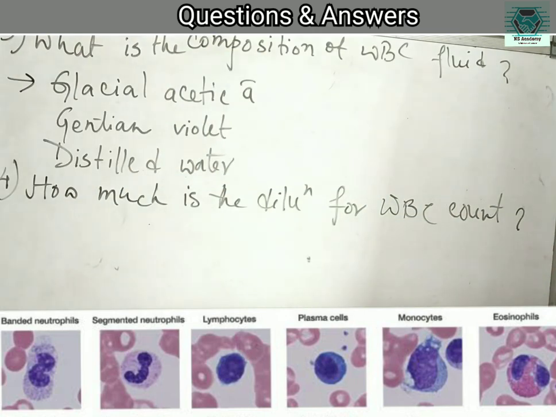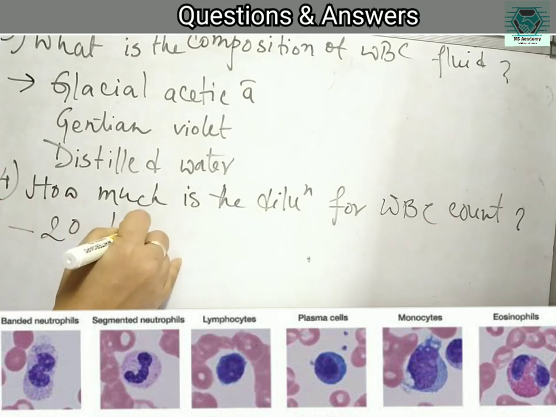So next question, how much is the dilution for WBC count? This is also a very important question. We know that when the blood is taken up to the 0.5 mark and fluid up to the 11 mark, the dilution is 20 times. Okay, this is usual.